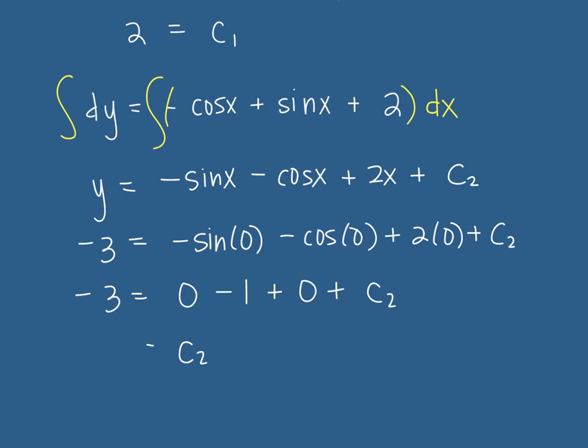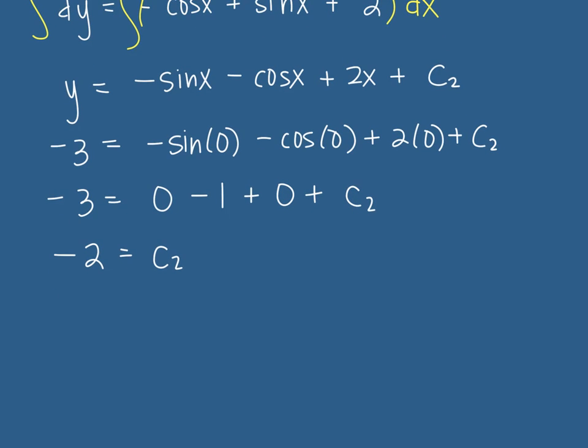So my second c turns out to be negative 2. And so my final answer is y equals negative sine x minus cos x plus 2x minus 2. And now I have y by itself because I did my separate and integrate process twice.